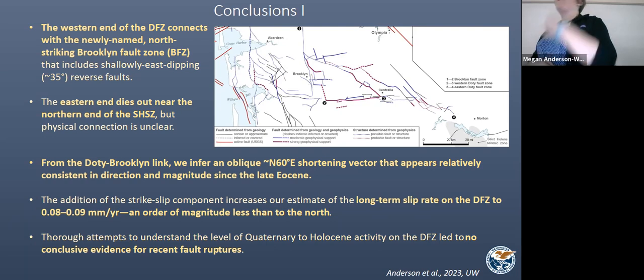We did find offset of near surface units, but that didn't take us any more recently than, say, the Miocene, about the same age as the Columbia River basalts. But if it's moving at a really low rate, maybe there hasn't been offset in a long time, right? So it could be active, but very, very slowly.